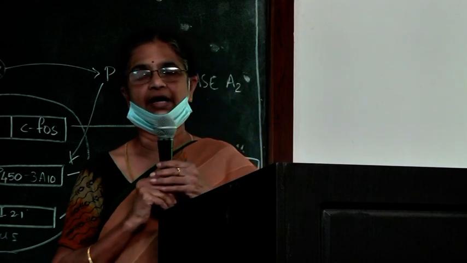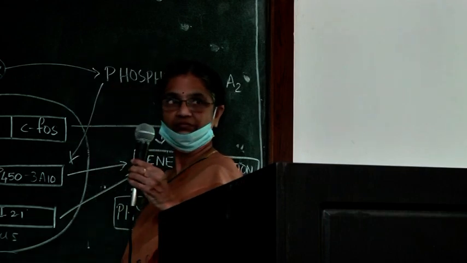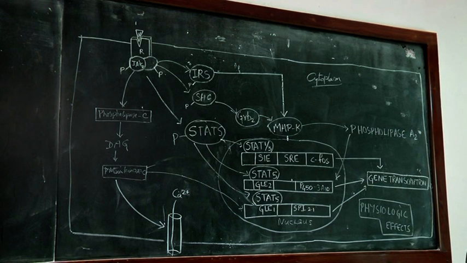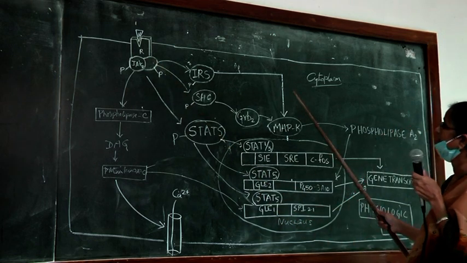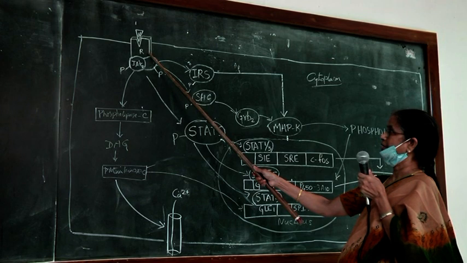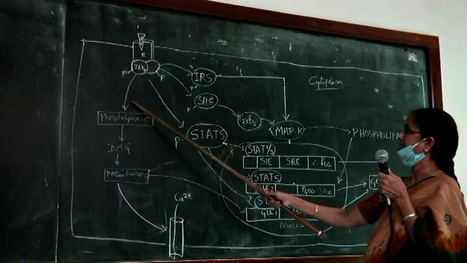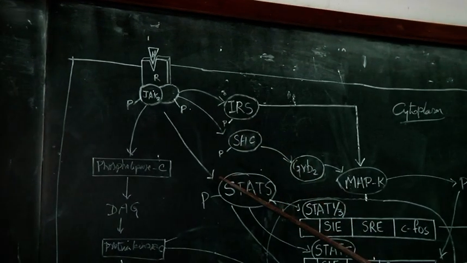So now I show you the diagram. Here you have the diagram of the mechanism of action of the growth hormone after it binds to the receptor. Now the Janus kinase, that is the JAK, is phosphorylated, and it phosphorylates many substances here.